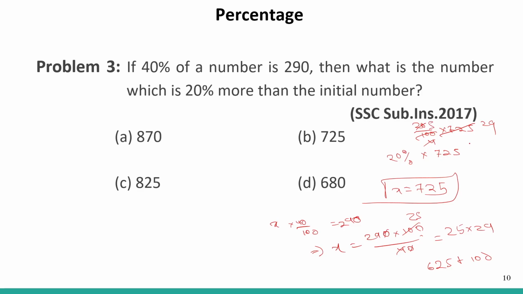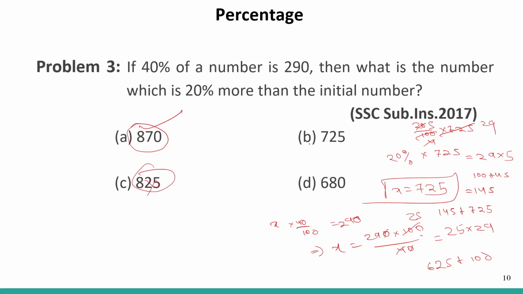So 29 into 5 is equal to what? 100 plus 45 is equal to 145. So 145 plus 725, 25 plus 5 is equal to 30, 70, 770, 870. So 870 here is the correct answer.